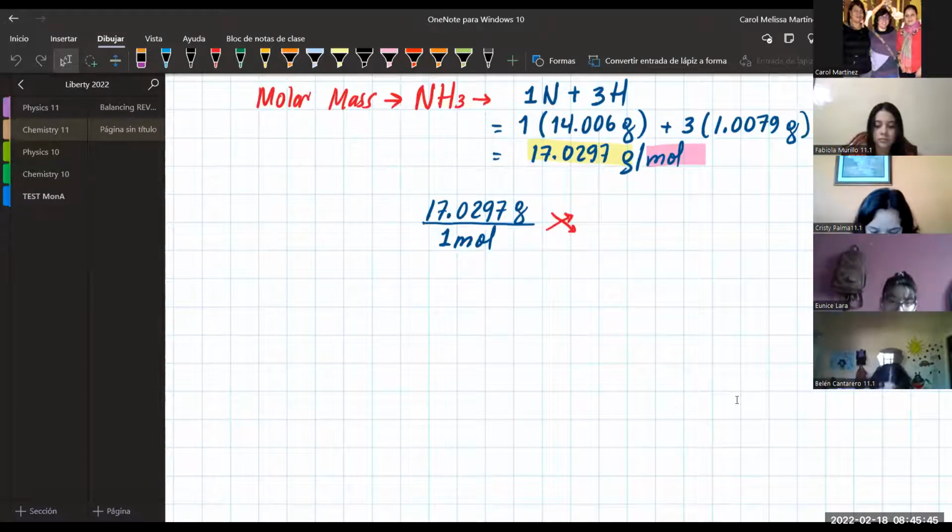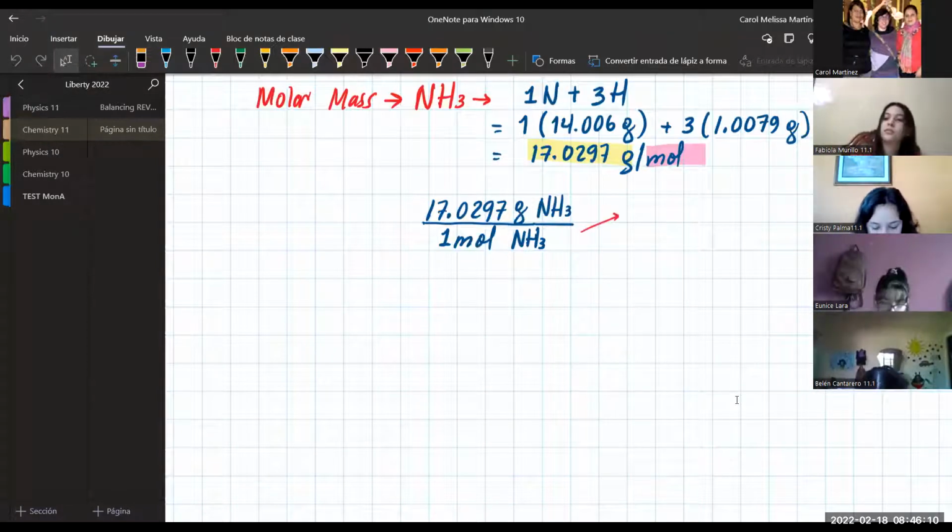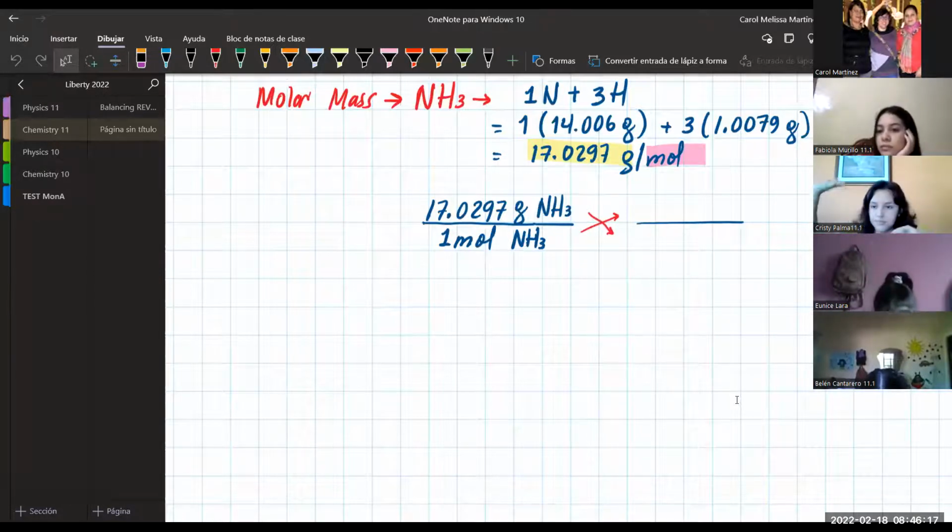Because I'm talking about ammonia, I'm going to specify the substance. This is important because when you cancel units, you need to know exactly what you're canceling. So in 1 mole of ammonia, I have this specific amount in grams of ammonia. The reciprocal of this conversion factor has grams, which were on top, now in the bottom.